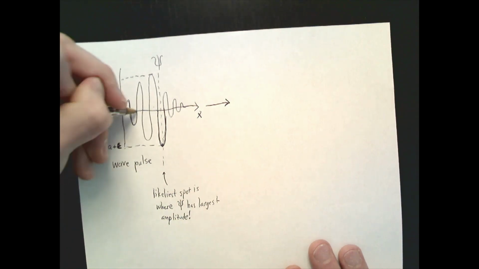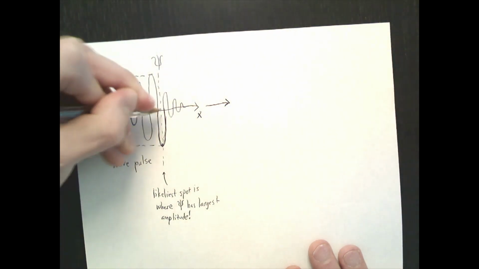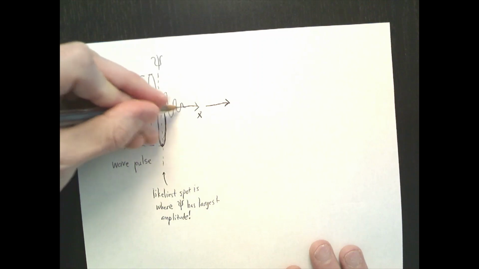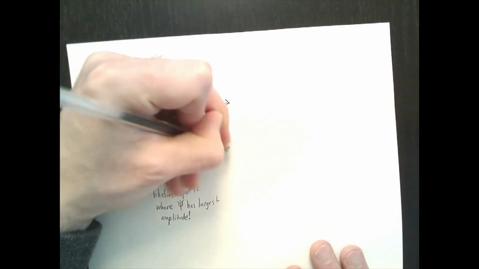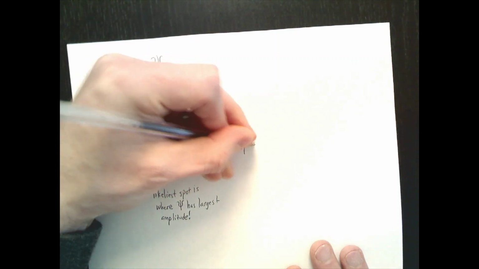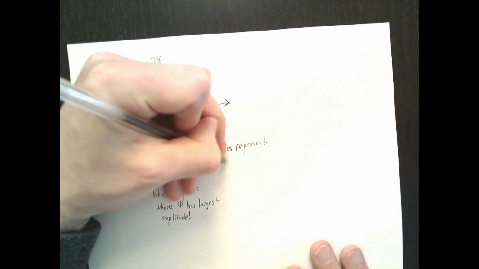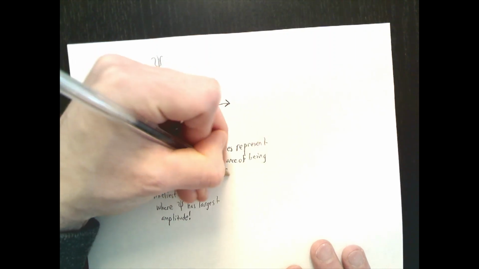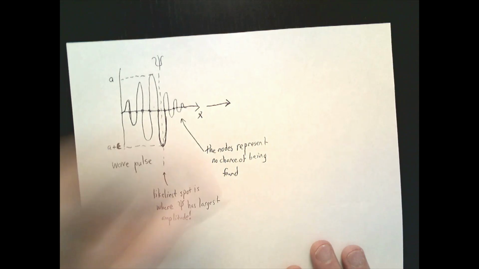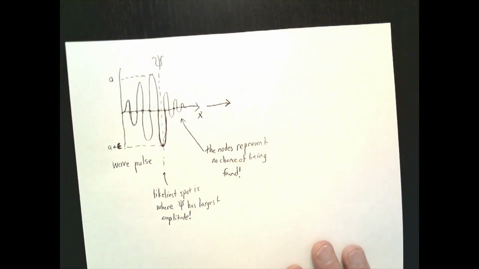Any of these nodes here where the function crosses the x-axis, all of these zeros, represent no chance of being found. Even if we square those, 0 squared is still 0, and therefore you will not find the particle at those locations ever.